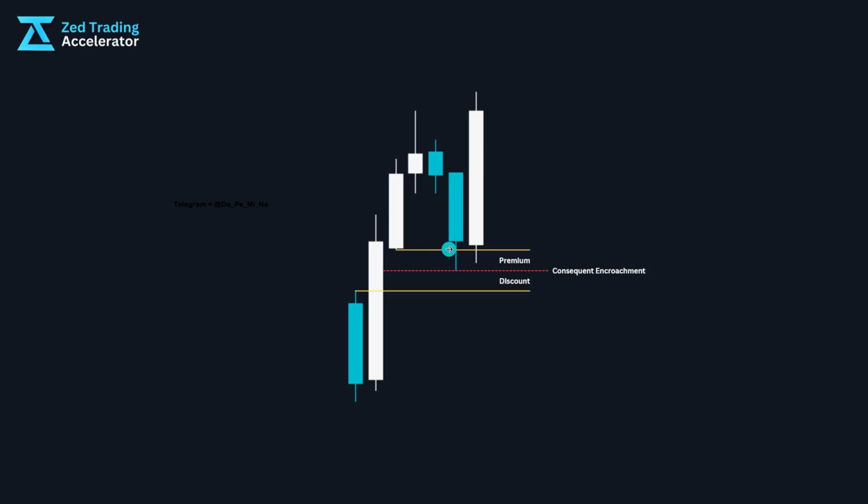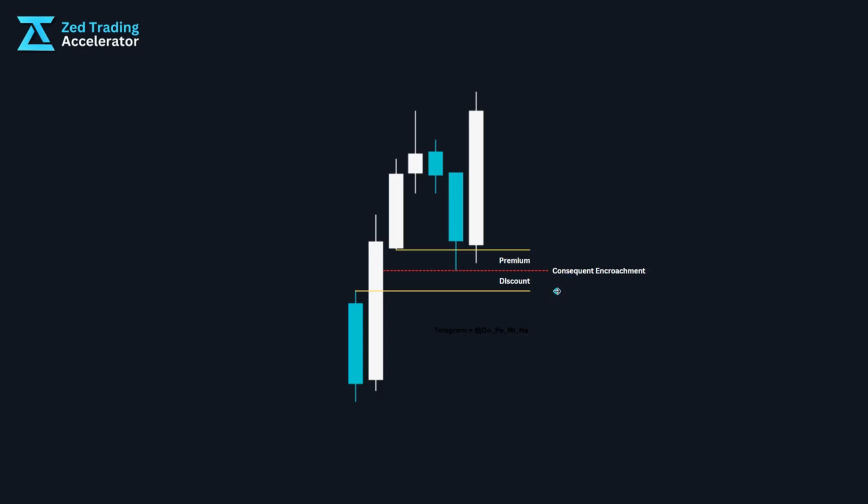Alright, so our first line of defense, like I said, is this top part of the fair value gap. Our second line of defense is this consequent encroachment, or just call it midpoint. I don't want to make it complicated.